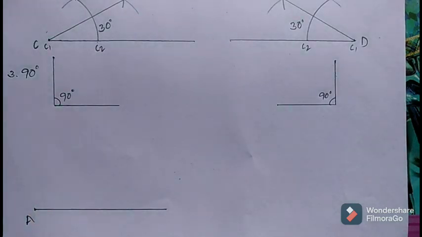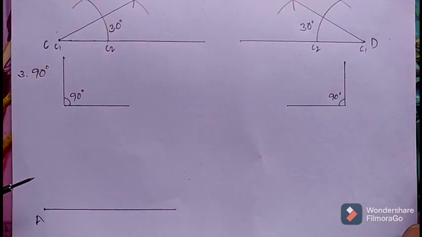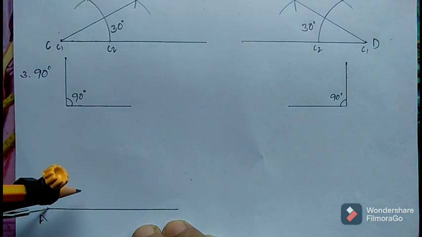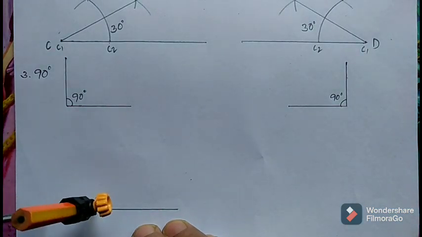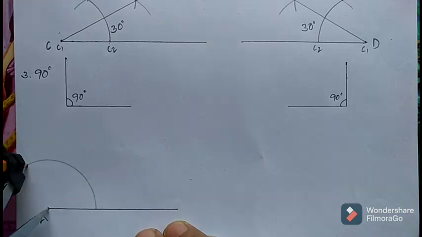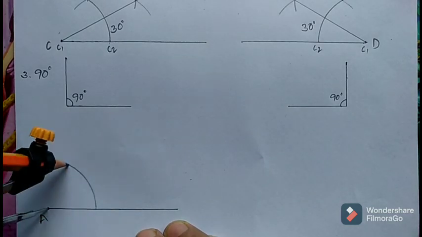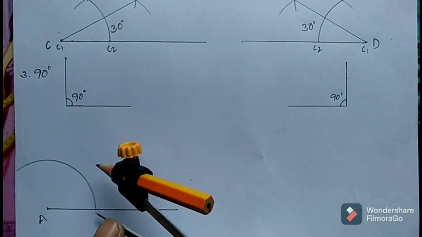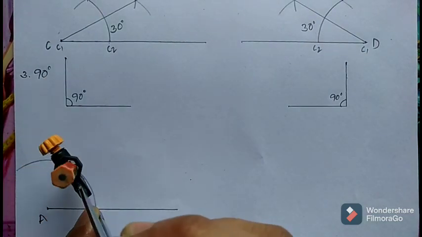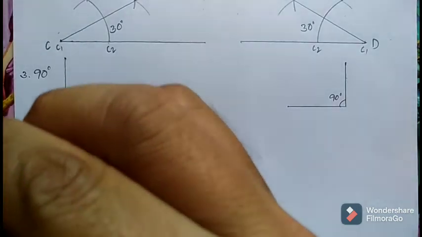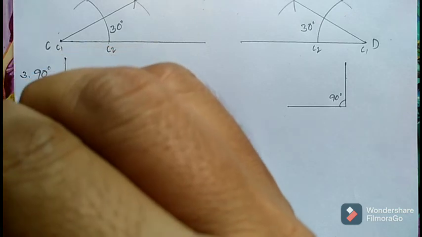To do this, take A as center and draw an arc touching the first arm. The length of the first arc should be longer. Then just like 60 and 30, we draw the second arc and also the third arc. Now draw the third arc longer.